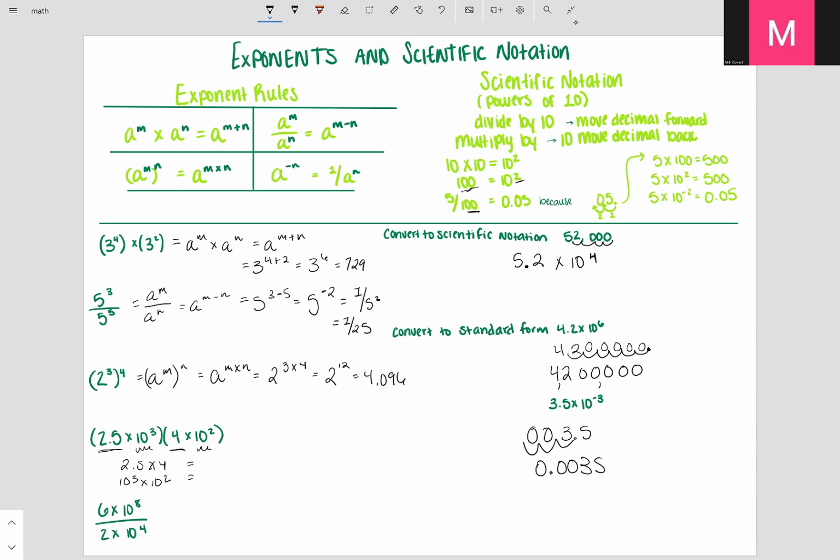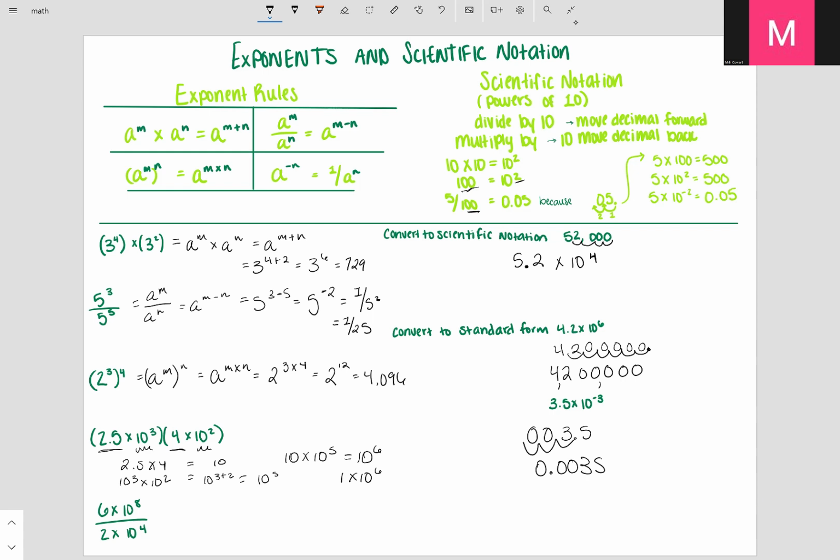So 2.5 times 4 is 10, and 10 to the 3 plus 2 equals 10 to the 5th. So we'll have 10 times 10 to the 5th, which equals 10 to the 6th. And we can just leave it like that, or we can say 1 times 10 to the 6th if we want it to be in scientific notation.